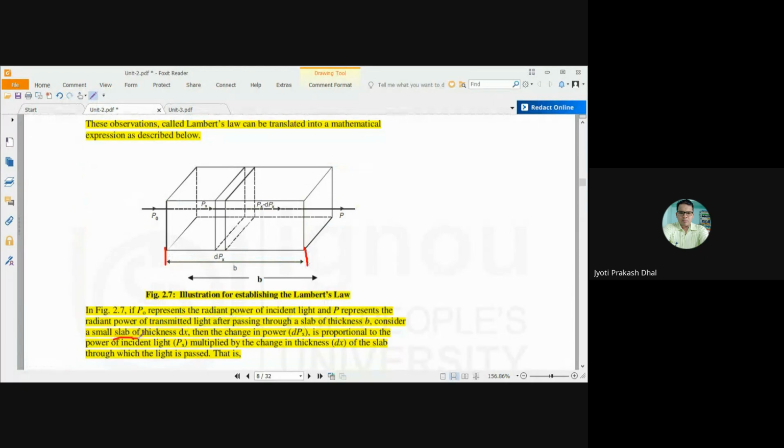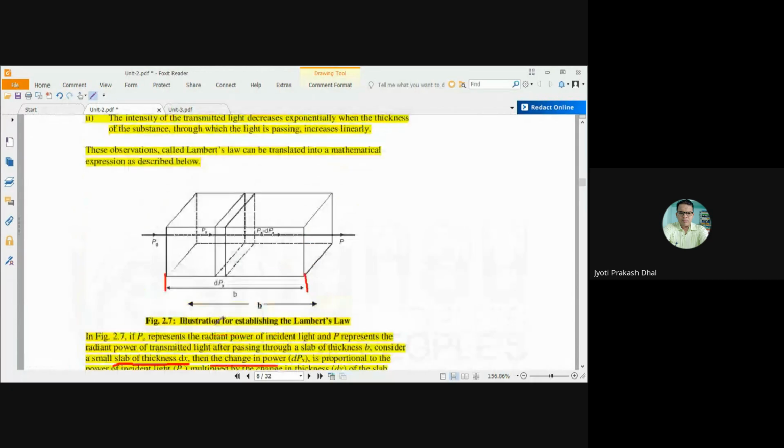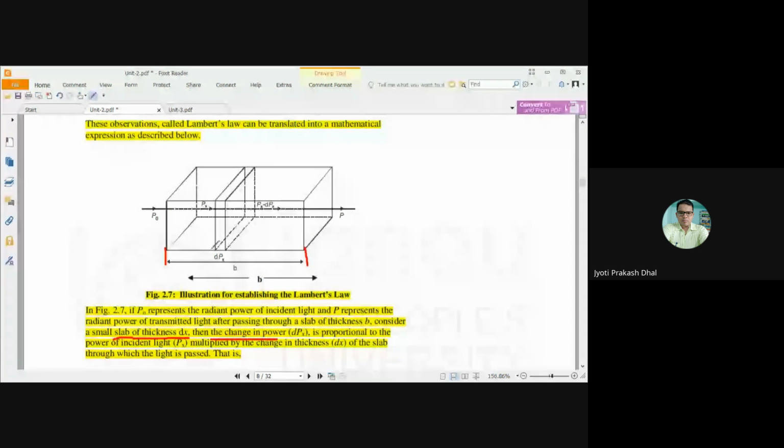Consider a small slab of thickness dx. So here, within this thickness B, we have to consider a small slab of thickness dx.